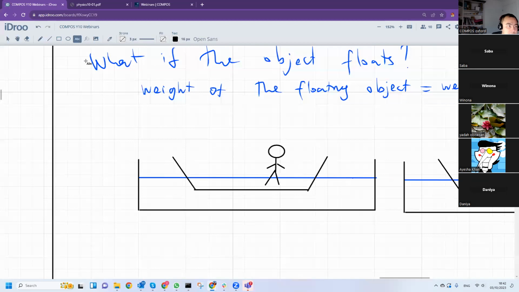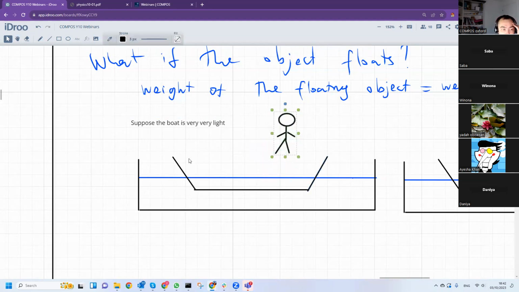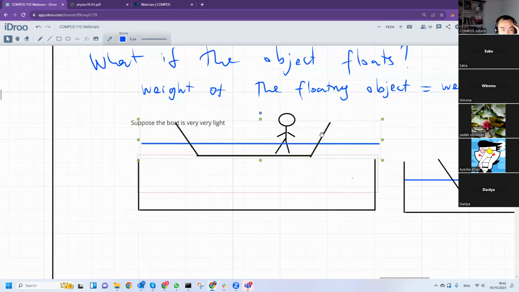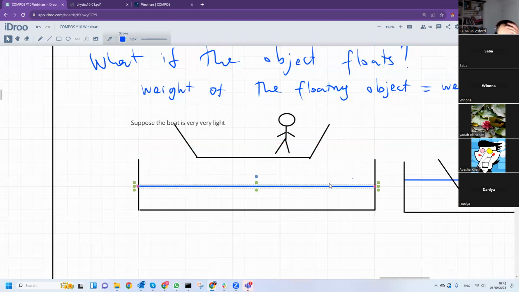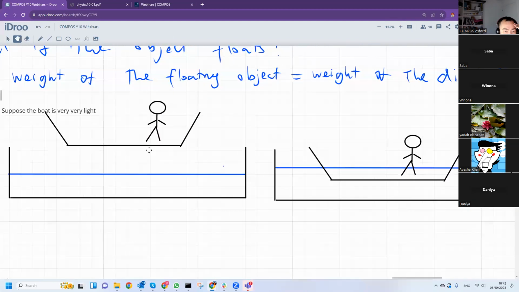Extreme case: suppose the boat is very, very light. That means it doesn't displace any water whatsoever. So you are out of the boat, and the boat is out of the water.